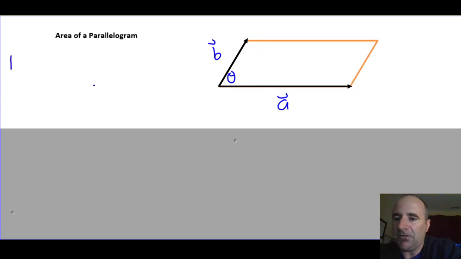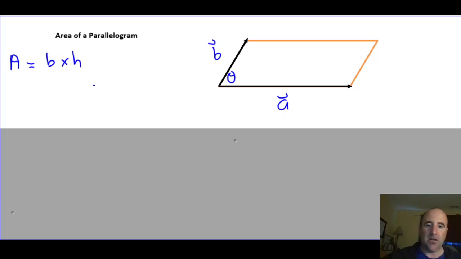The area of a parallelogram is equal to the base times the height. Now, the base is clearly, in this example, the magnitude of A. That's the base of the parallelogram. And then the height can be seen right here.